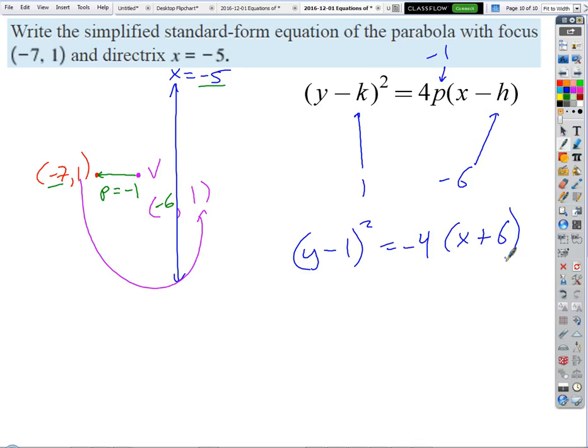Try one of those. If you get that, I feel like we got it. That's a lot to cover.